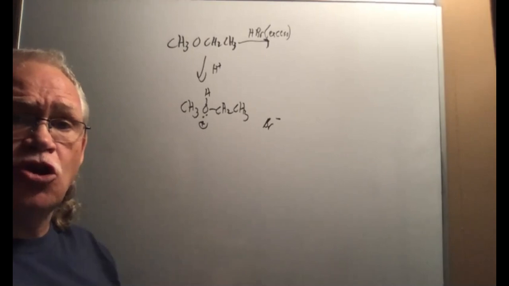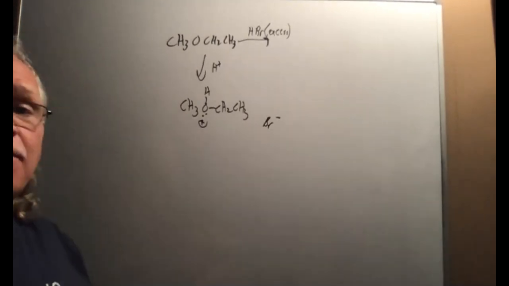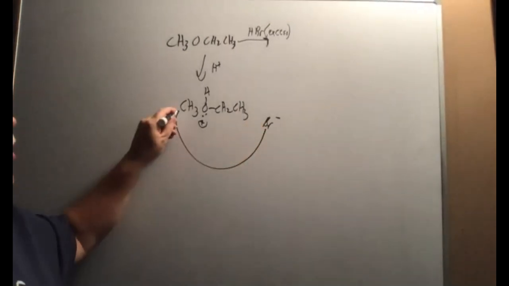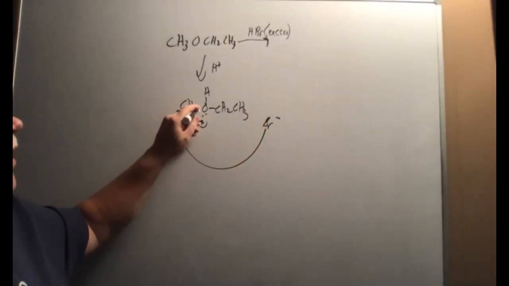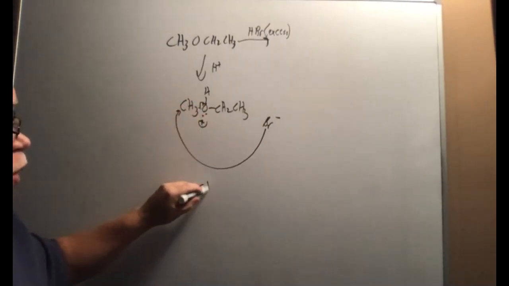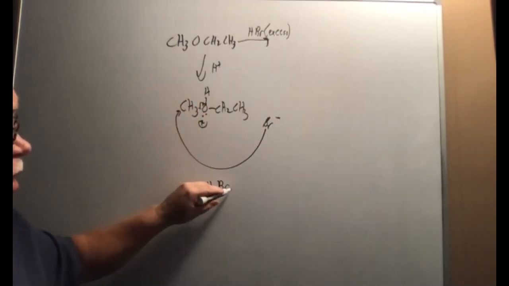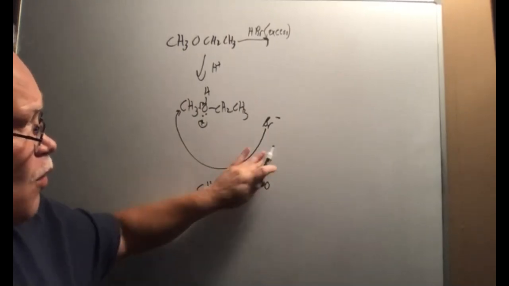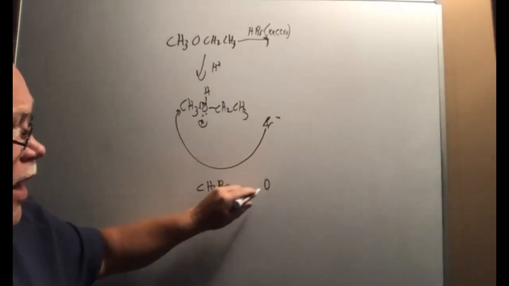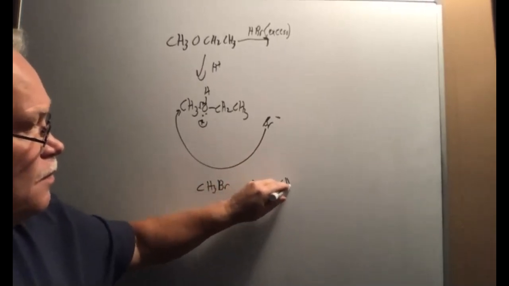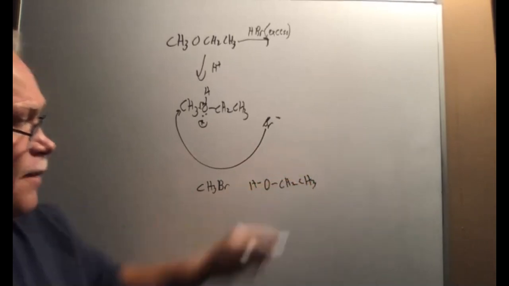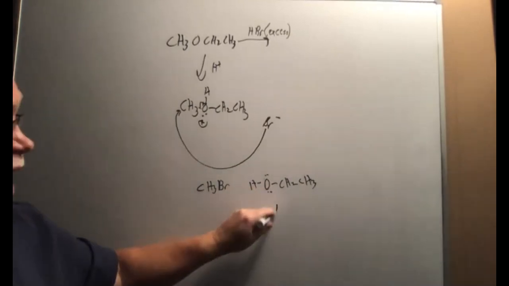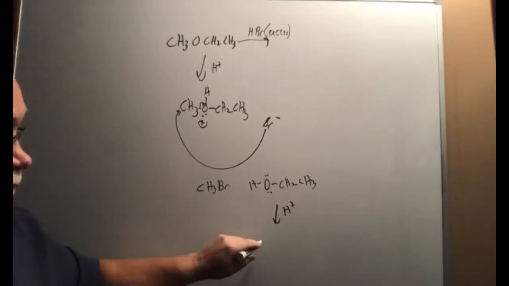If it's an SN2 reaction, which one's going to be most easily backside attacked? The least hindered one. So it's going to backside attack over here, kicking this off. So we're going to get CH3Br. The other product is going to be HO, and I'll just draw it out like I would normally draw it out, CH2, CH3, putting my lone pairs on there. Can't I reprotonate this?